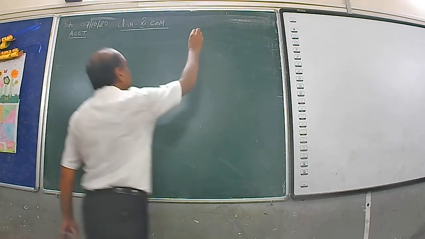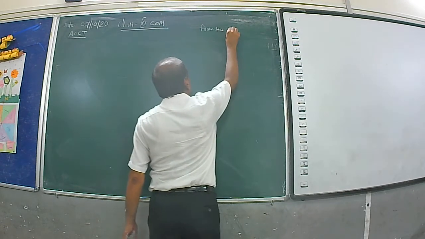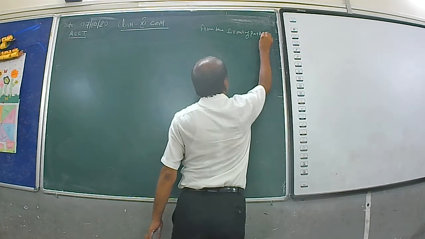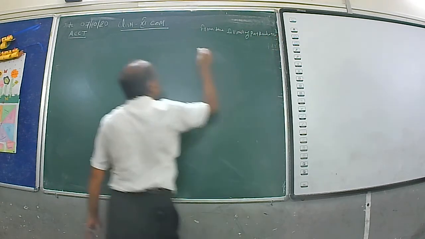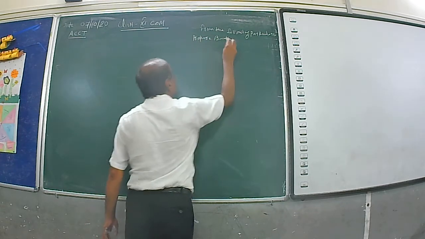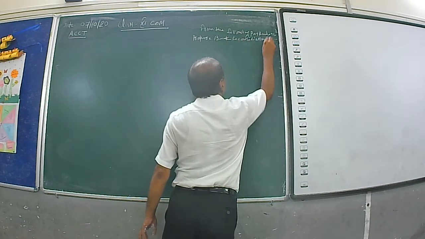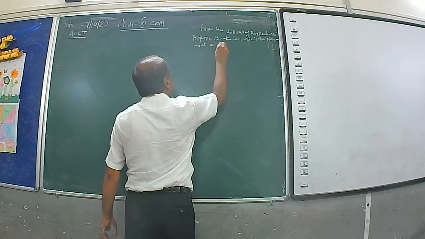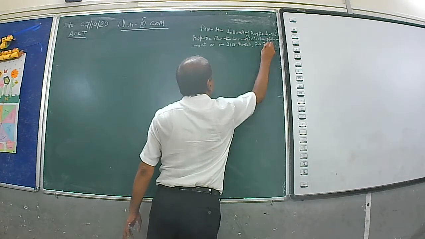the problem. First, let me write the problem. From the following particulars, prepare bank reconciliation statement as on 31st March 2020.